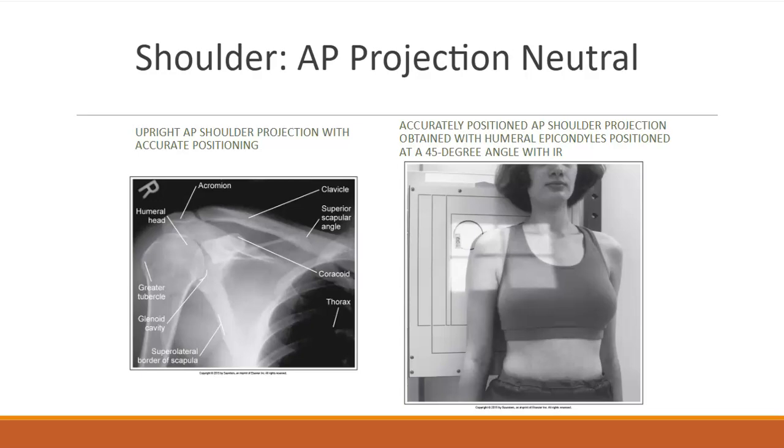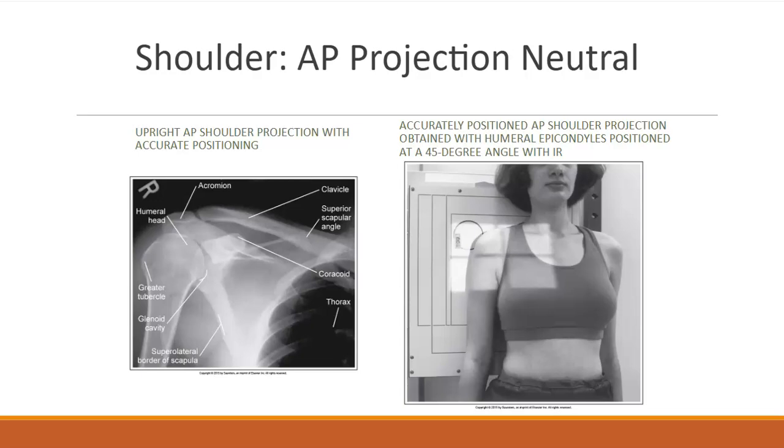The clavicle should be demonstrated with minimal longitudinal foreshortening and with the medial clavicular end positioned next to the lateral edge of the vertebral column. The glenoid cavity is partially demonstrated with the humeral head superimposing it. The scapular body is demonstrated without longitudinal foreshortening.